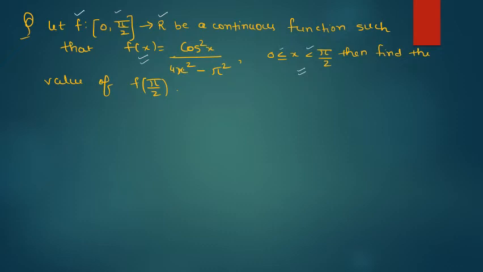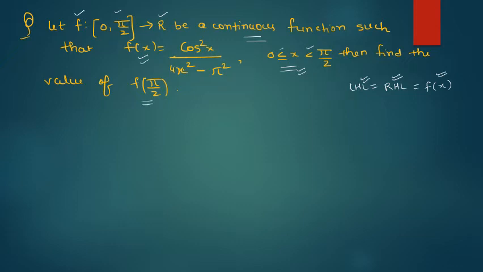See, whenever a particular limit is given to you and a continuous function is given to you, you have to make sure that you apply this rule: that your left hand limit is equal to right hand limit is equal to the value of the function. Now, the point where we have to find the value is f(pi by 2).